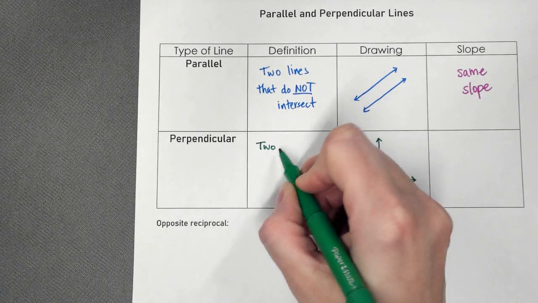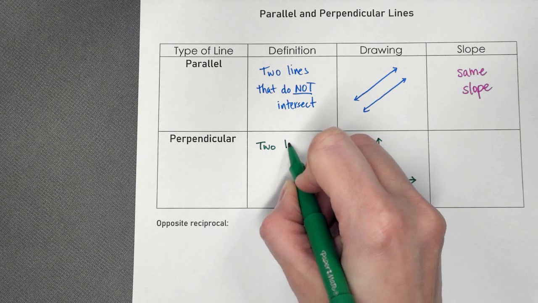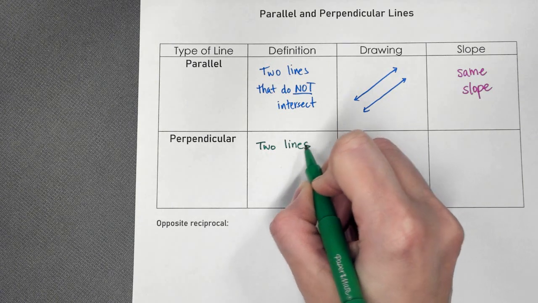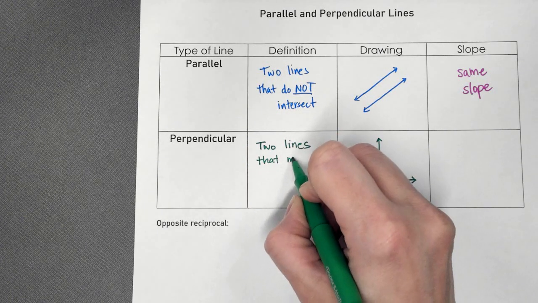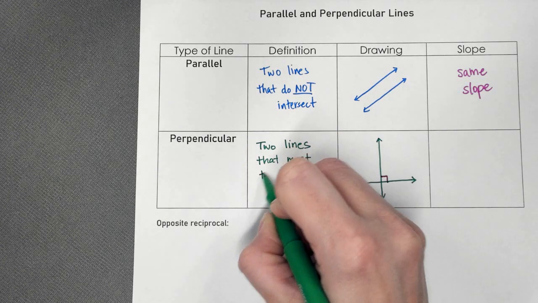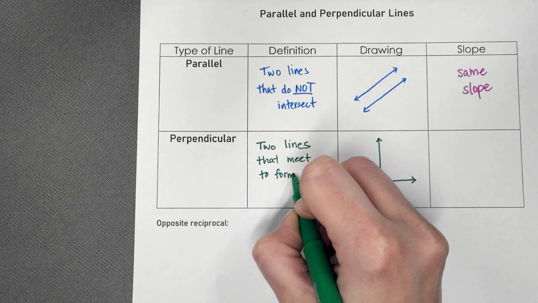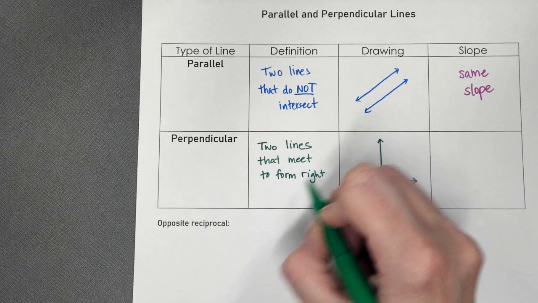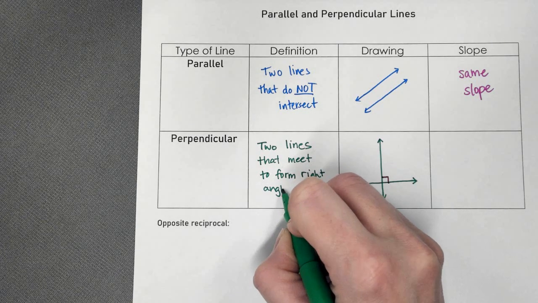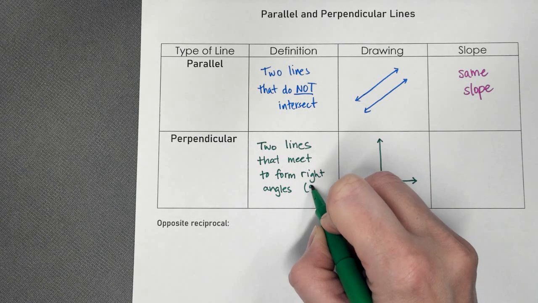You know the symbol, or you know the 90 degrees? 90 degrees. Yep, good. So two lines that meet to form right angles. Okay, and right angles are 90 degrees.